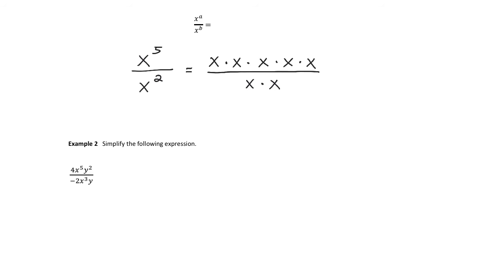I can cancel this x with this one, leaving a 1. I can then cancel this x with this, so again there's just a 1 left over. And my final answer is, well, this is just 1, and this is just 1. So it's x times x times x. So that is x cubed.